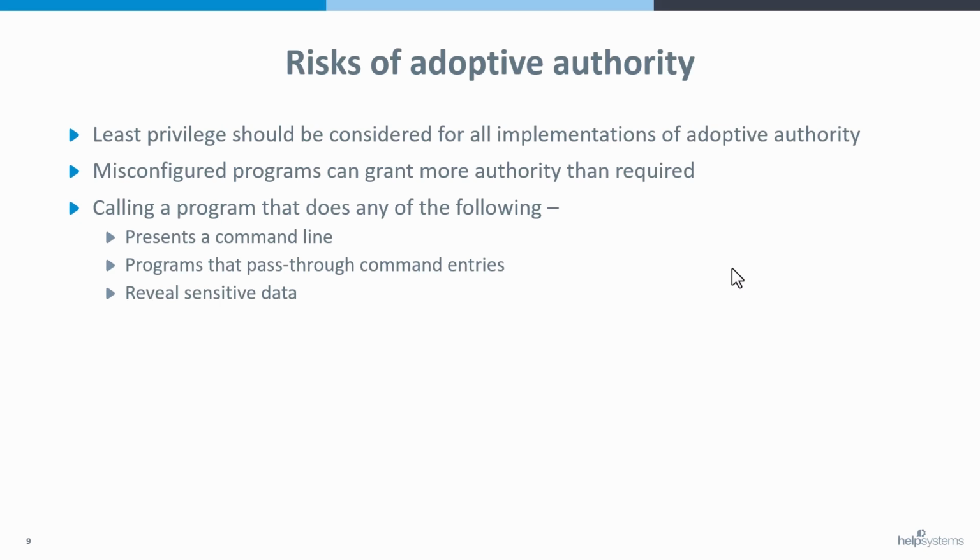So if they're only supposed to be allowed to submit a specific job, work with a specific out queue, whatever it is, make sure that that program that's accepting that command string isn't elevating them so high that they could possibly create a user profile, or they could delete files off of your system. All things to take into consideration when using adoptive authority.